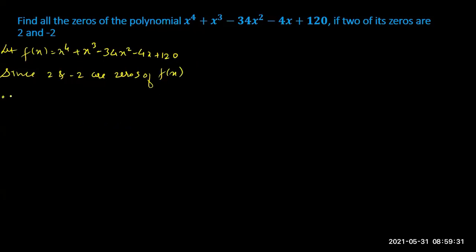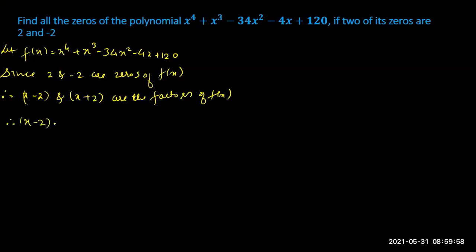Therefore, x minus 2 and x plus 2 are the factors of f of x. So you can write x minus 2 into x plus 2, which is x square minus 4.